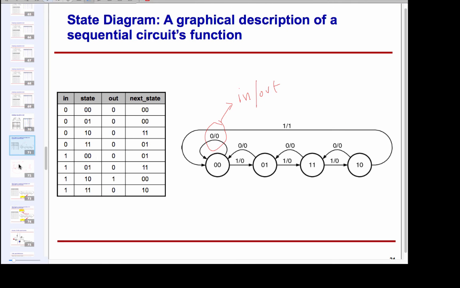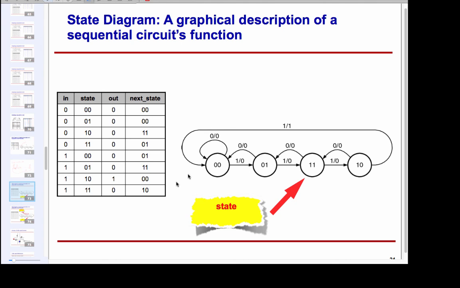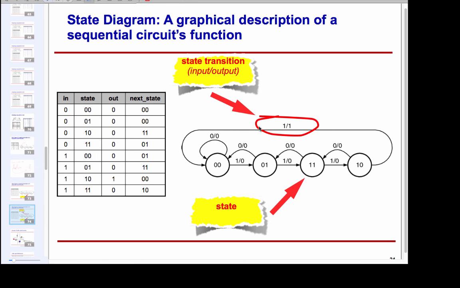So the typical design pathway goes that you design the state diagram first, from that you derive this table, and then use the combinational logic techniques to implement that. So to recap this part, these bubbles, these nodes correspond to the states. These edges are called state transitions, and they're annotated with input/output.